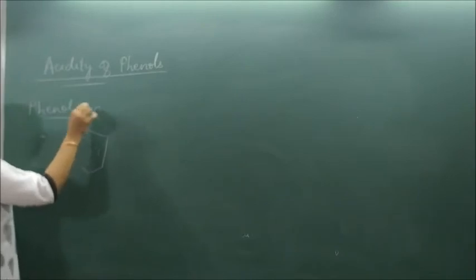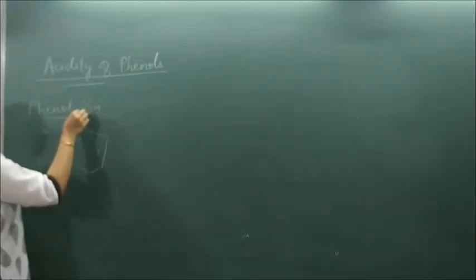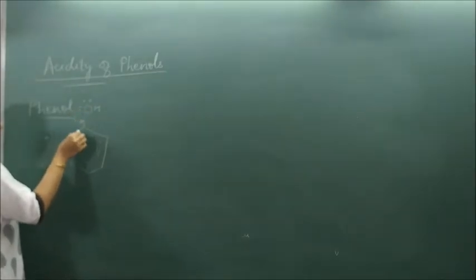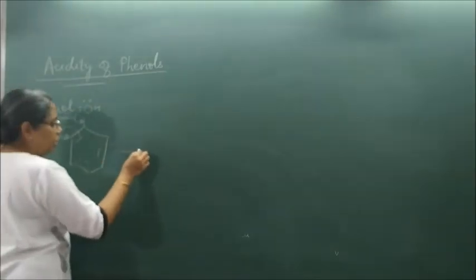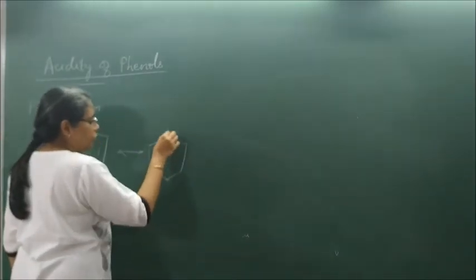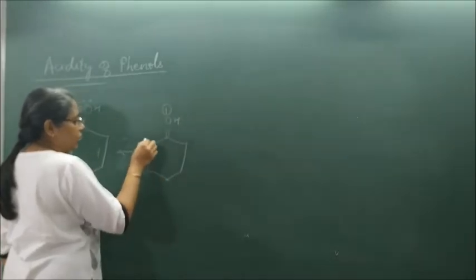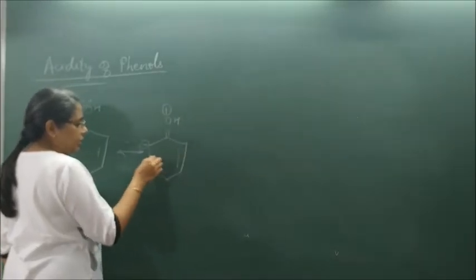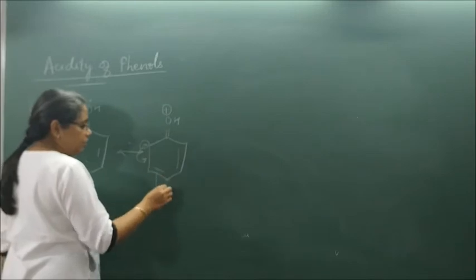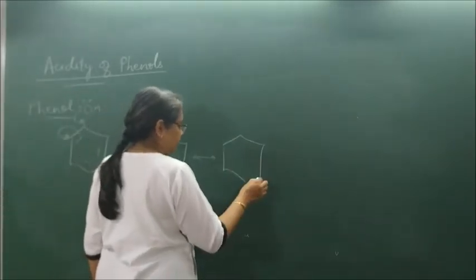So this is C6H5OH. Oxygen has 2 lone pair electrons. Bring the lone pair electron, break the bond. Draw all resonating structures of phenol. So you will have double bond OH. You will have a positive charge. You will have a negative charge here and here. Then this bond breaks, so you get double bond OH.